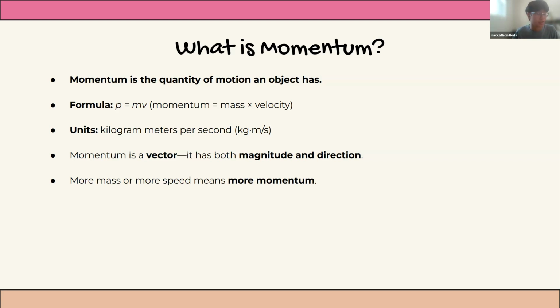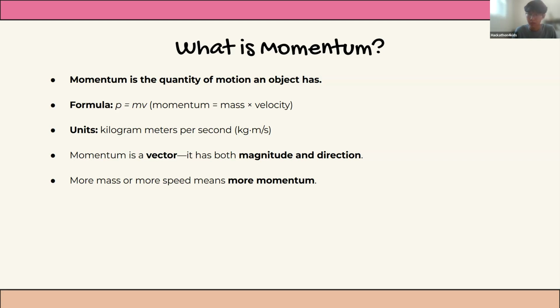Because velocity is a vector, momentum is also a vector, so it has magnitude and direction. The units of momentum are kilogram meters per second. The more mass or speed an object has, the more momentum it has. That's easy to visualize: a heavier car moving will have more momentum and be harder to stop.